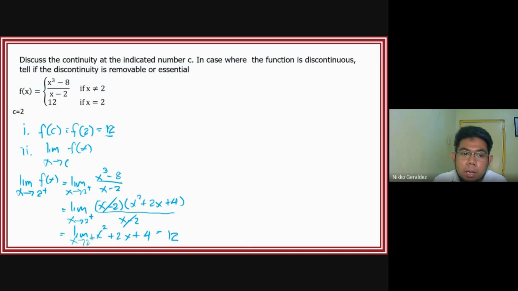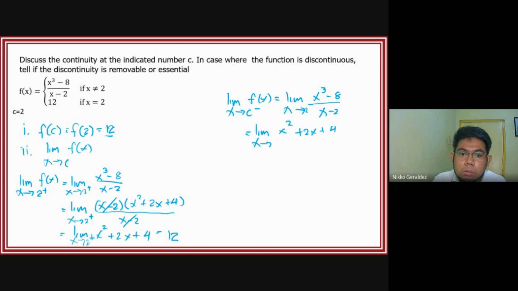Okay. The next, left-hand limit: limit of f of x as x approaches c from the left. Ganun na lang, limit of x cubed minus 8 over x minus 2 as x approaches 2 from the left. Factoring ulit, makukuha natin limit of x squared plus 2x plus 4 as x approaches 2 from the left.